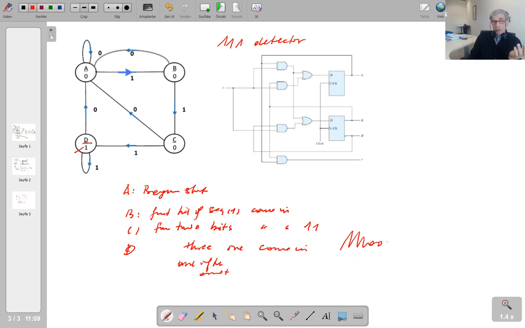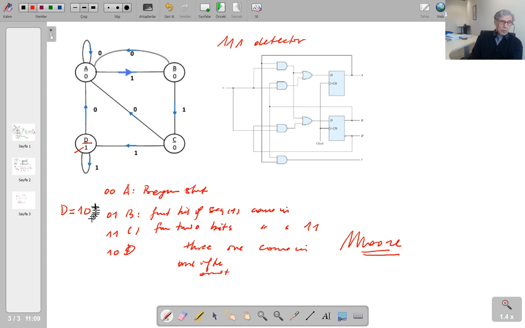The previous one was a Mealy machine. If you know the state variables, you know the output. So can you write the Z output function in terms of state variables? Yes, you can. But all you need is the state assignment. Let's say the assignment is: A is 0 0, B is 0 1, C is 1 1, and D is 1 0.